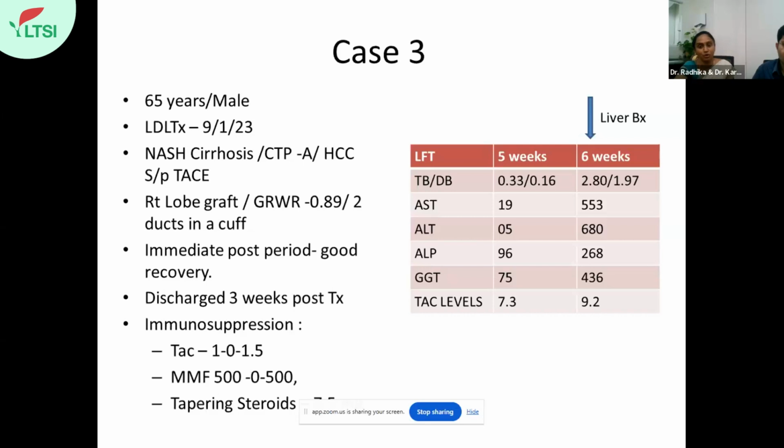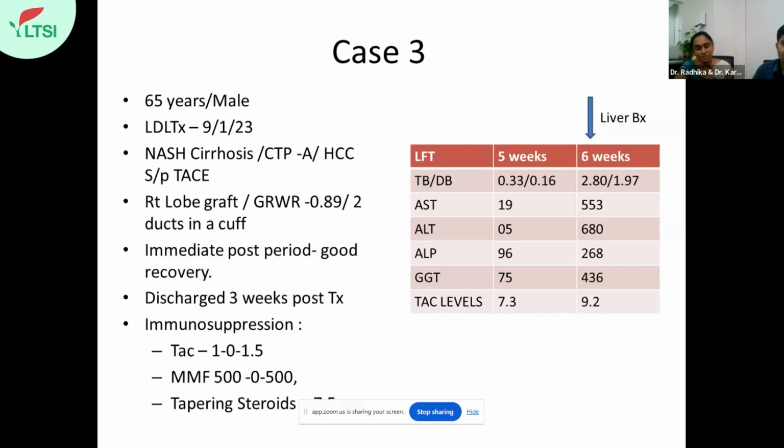Fifth week follow-up showed near normal LFTs with AST of 19, gamma GT of 75, and tacrolimus levels of 7.3 on tacrolimus doses of 1 and 1.5. He was also on mycophenolate mofetil 500 BD and tapering steroids of 7.5 milligrams.